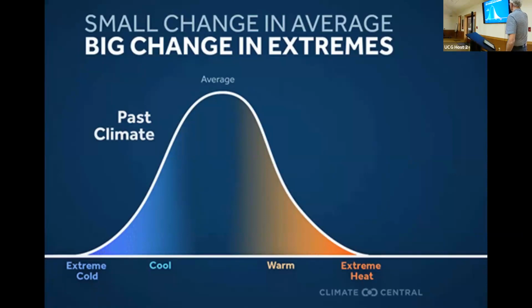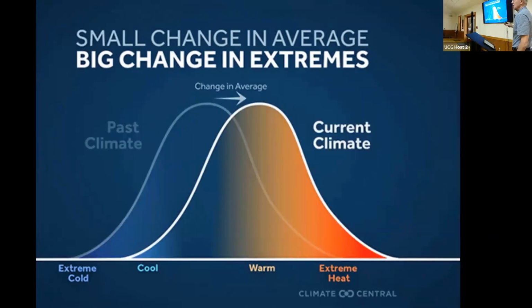Now, if we look at this graph, on the horizontal x-axis is the temperature scale going from cool to hot, and on the vertical scale are the number of days at each of those temperatures. And you can see the number of days at extreme heat are relatively few, and likewise at extreme cold.